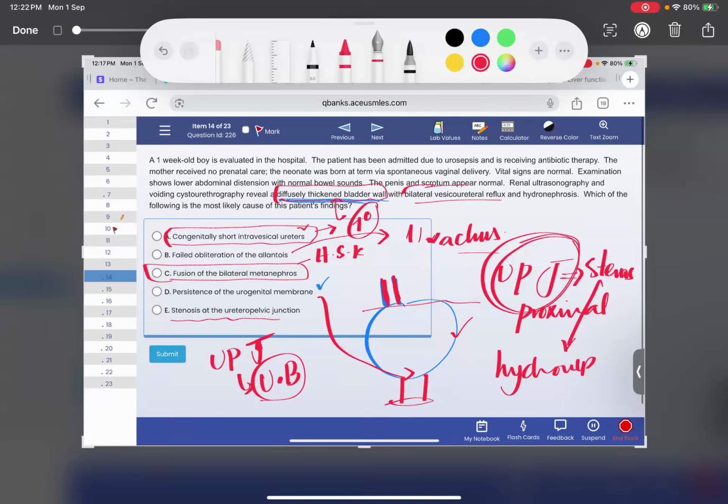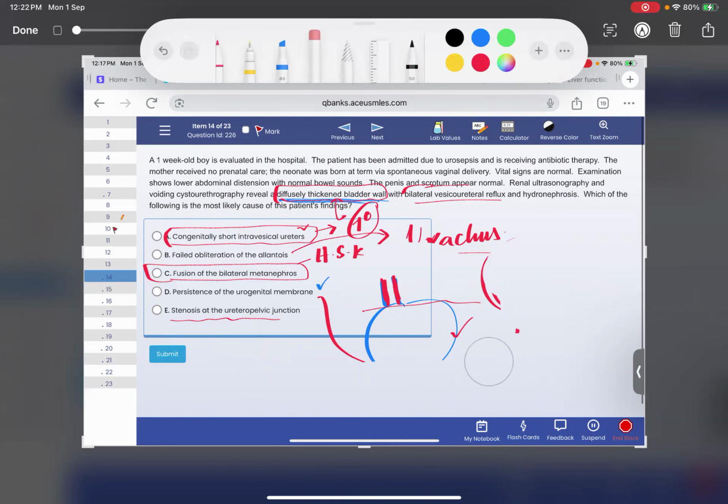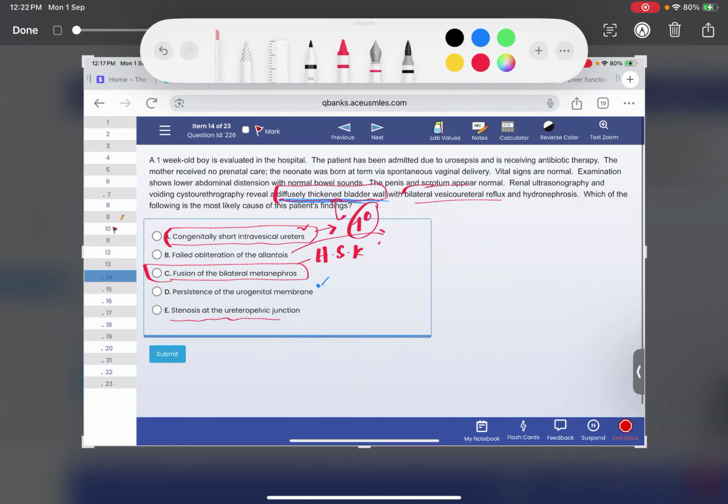Should I explain this? I think you guys are confused. Sorry. The ureteropelvic junction is between the pelvis and the ureter. So we have the kidney, right? And we have the ureter, okay? So we have a problem of stenosis of this area, right?